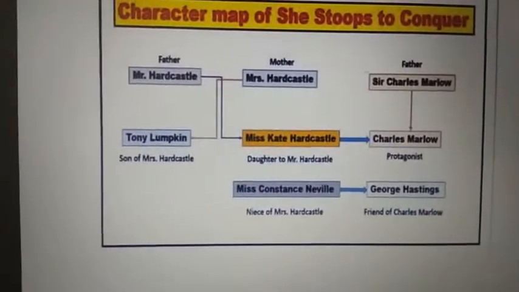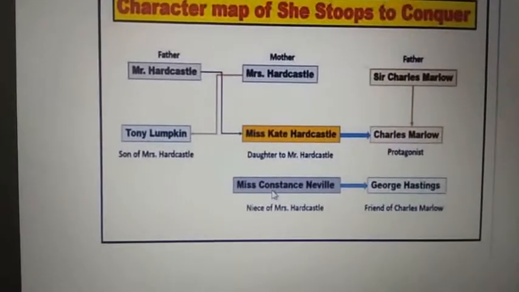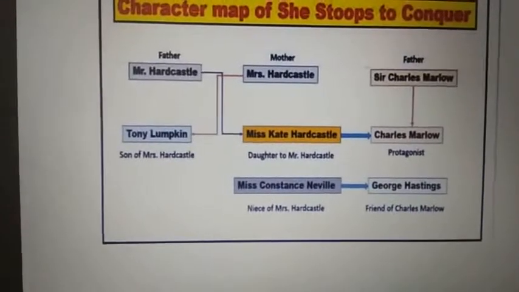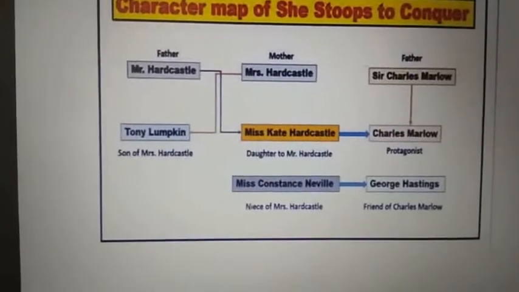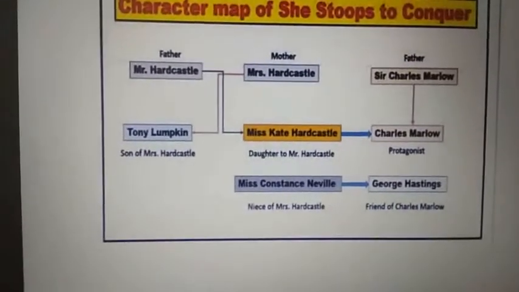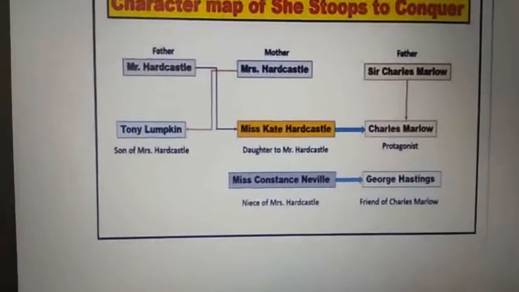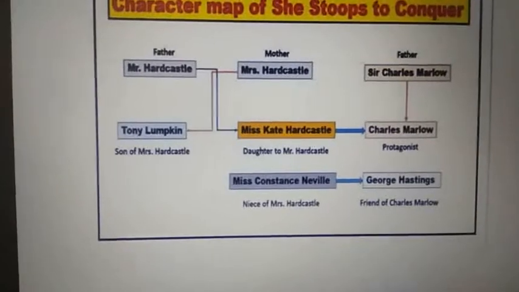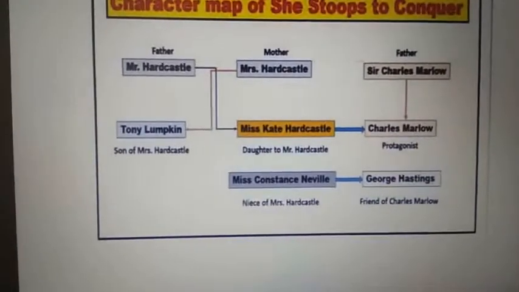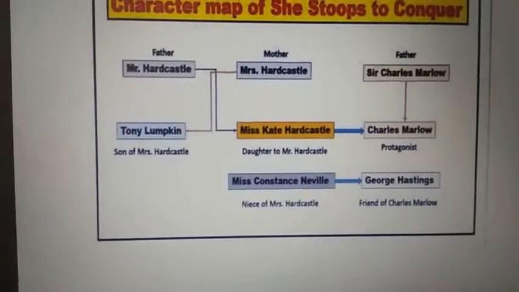And the next character is Miss Constance Neville. Miss Constance Neville is the niece of Mr. Hardcastle, and she loves George Hastings, who is a friend of Charles Marlowe. He loves Miss Constance Neville, and she also loves him.